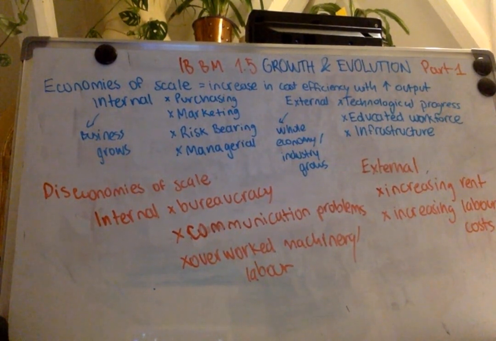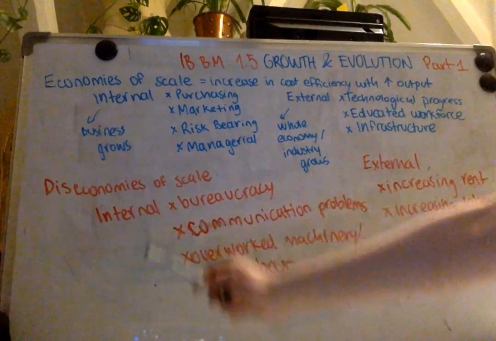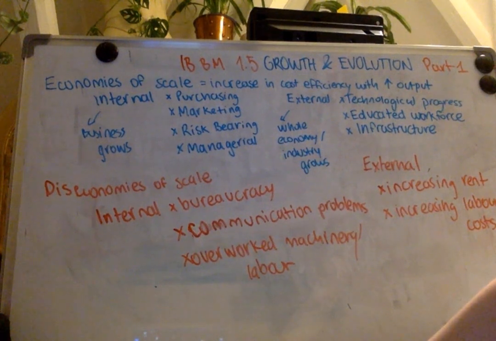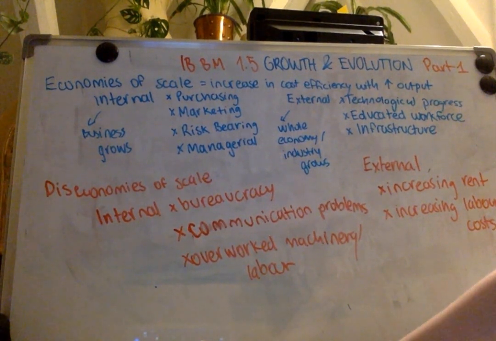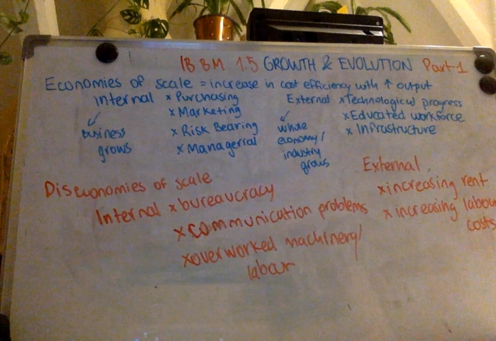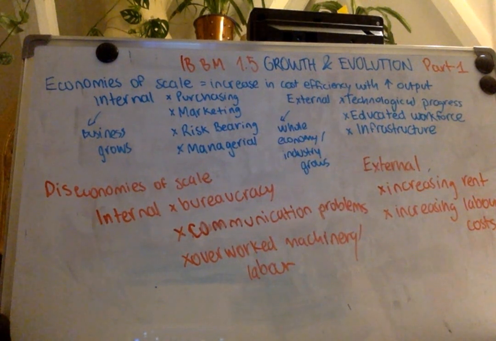And the opposite of economies of scale are diseconomies of scale. These are things that, when we increase output, or when the business grows or the economy grows, our costs increase. In terms of internal ones, the first one is bureaucracy. When we get larger and larger, there is a lot of paperwork that has to be done.